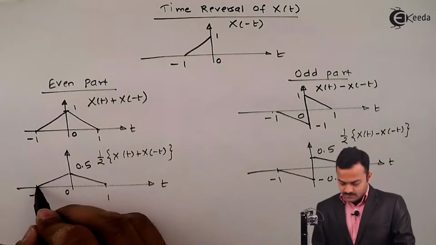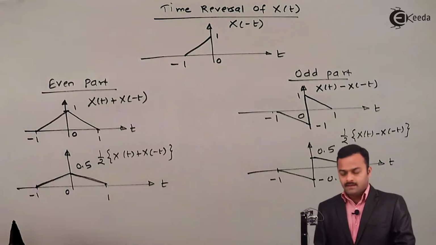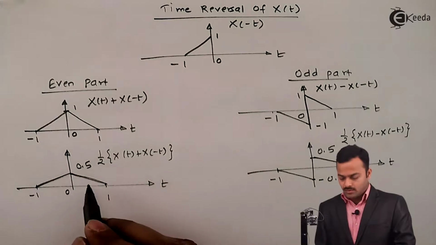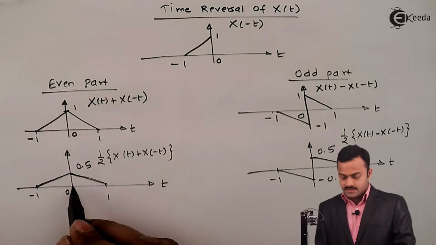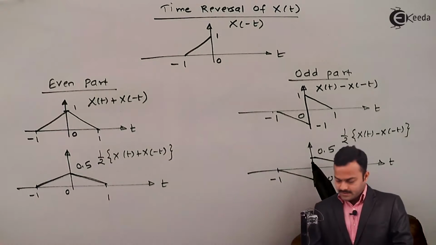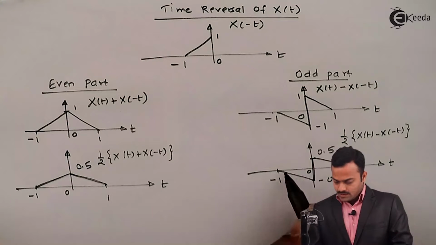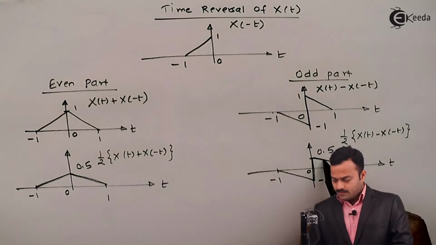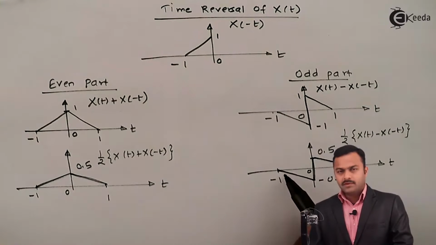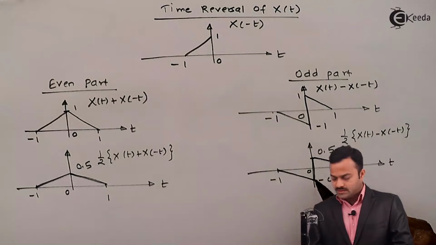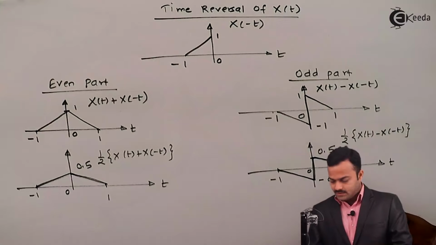Just see over here, this signal is symmetrical about the y-axis, hence this is an even signal, whereas if you see this, the signal is passing through the origin, and at the same time its time reflection is the negative of the original signal. Hence, I can consider this as an odd part.